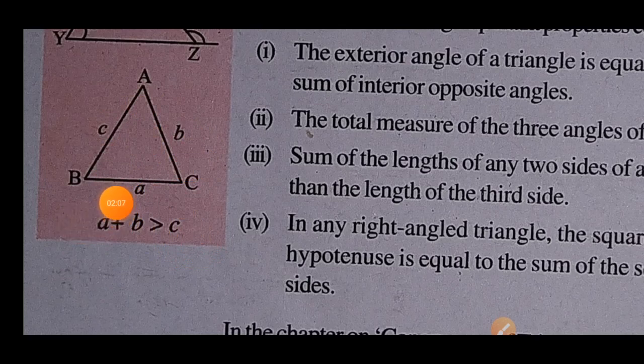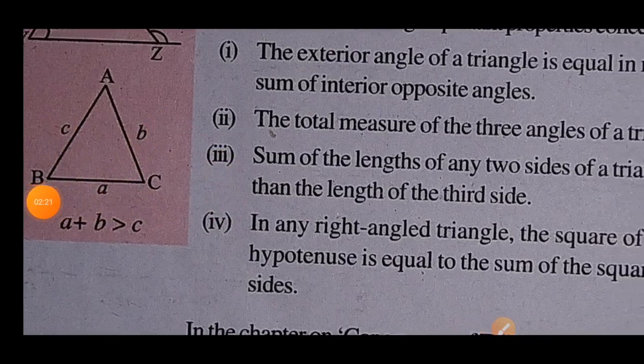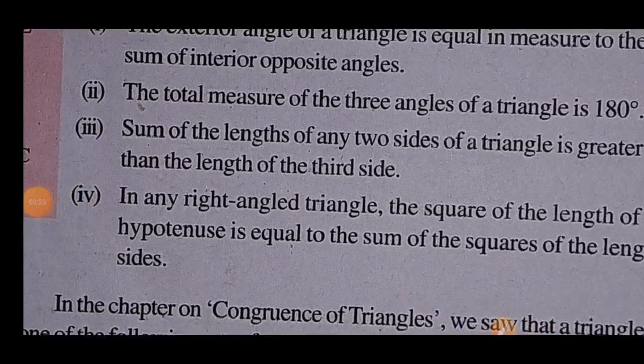When we add B and C, the sum of these two sides is greater than A. When we add C and A, the sum of these two sides is always greater than B. So this is the third condition.